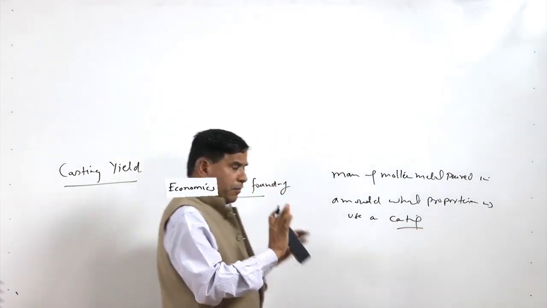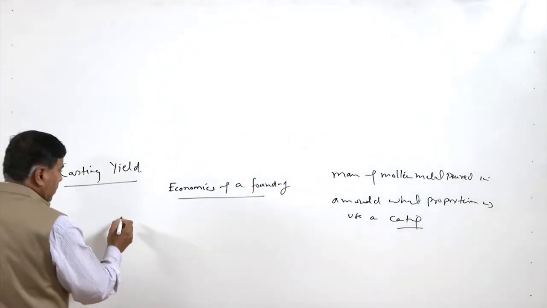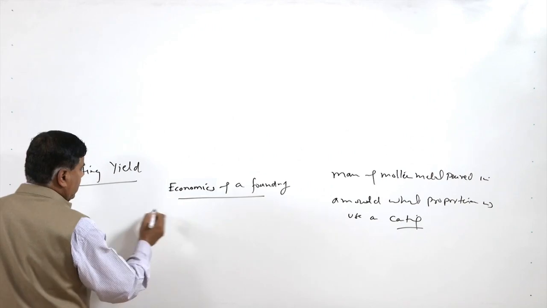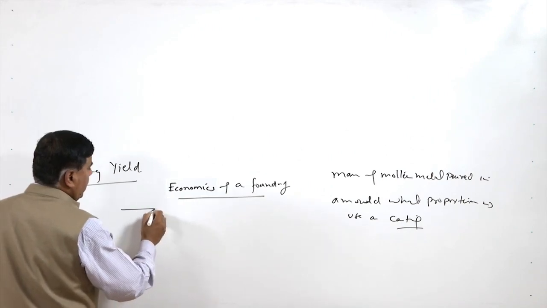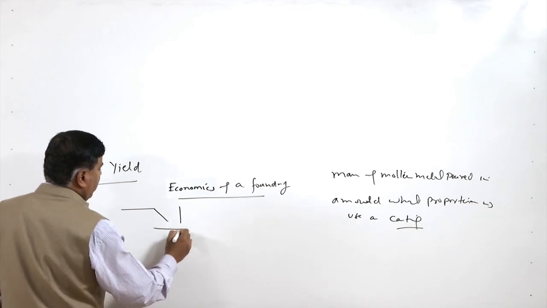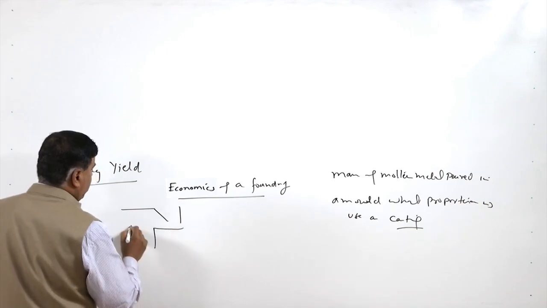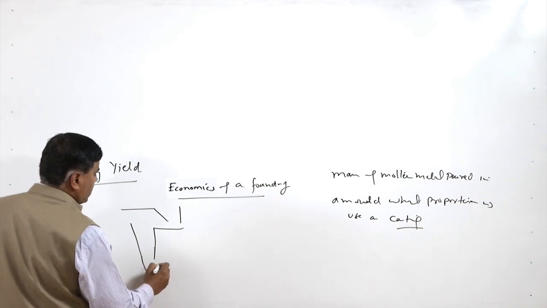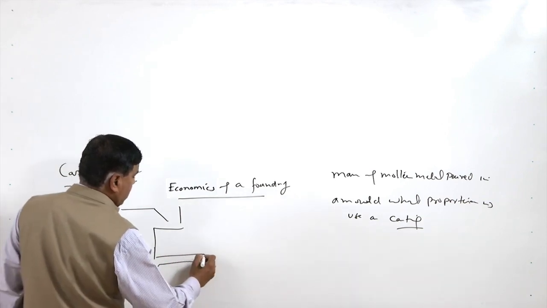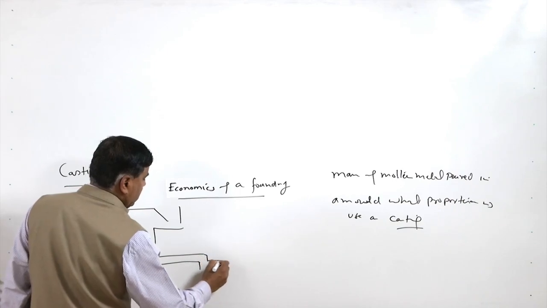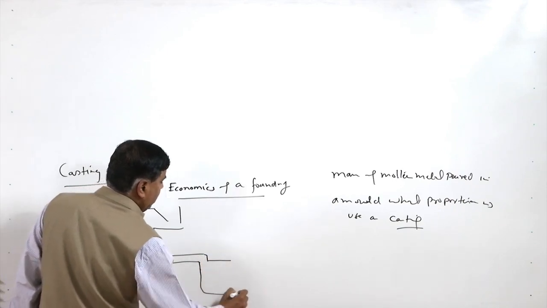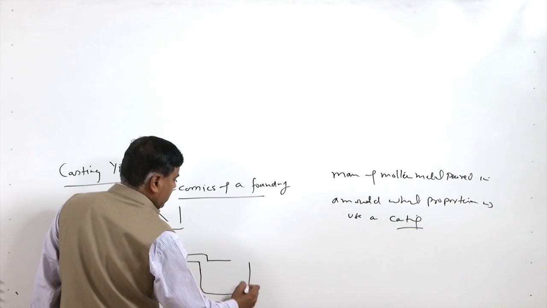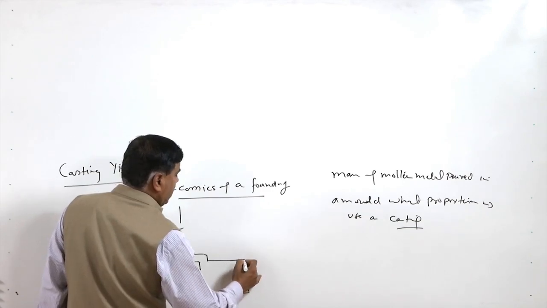Because we know that in a mold like this, there is a pouring basin, and from the pouring basin metal goes into the sprue base, runner, then ingate, then the mold cavity, and then the riser.